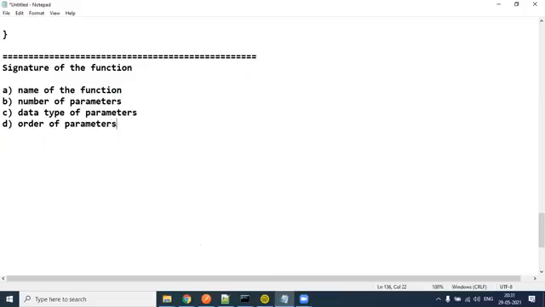Order of parameters is also important. Right? Yes, of course, return type. Okay, data type I've covered, right?